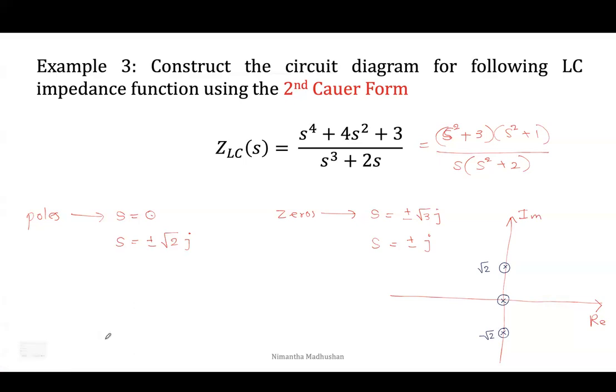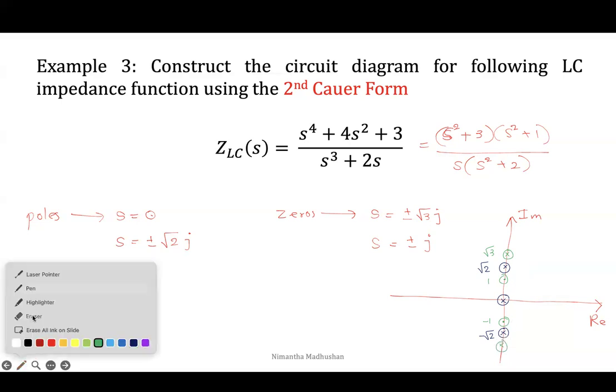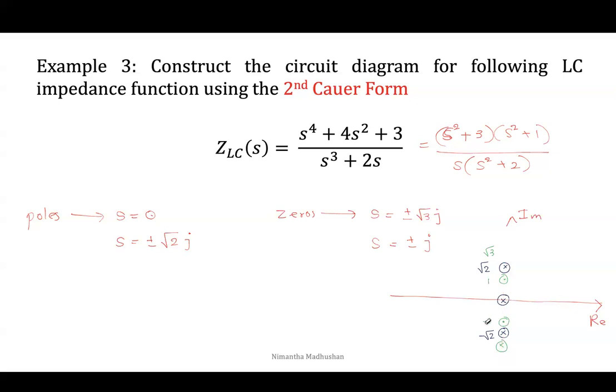Then there are 4 zeros at plus j, minus j, plus root 3j and minus root 3j.